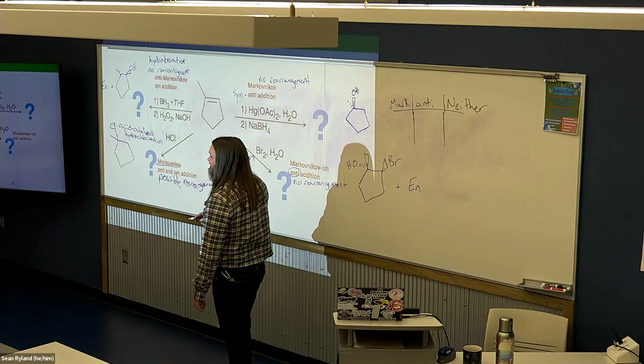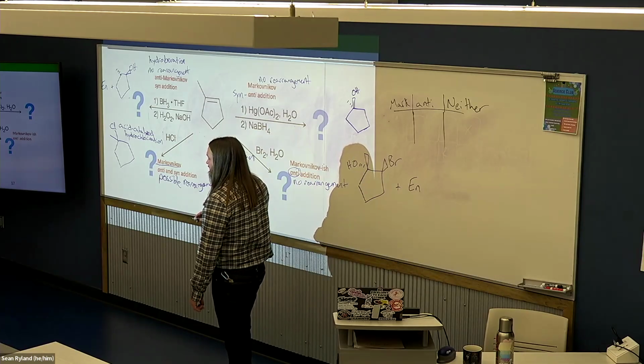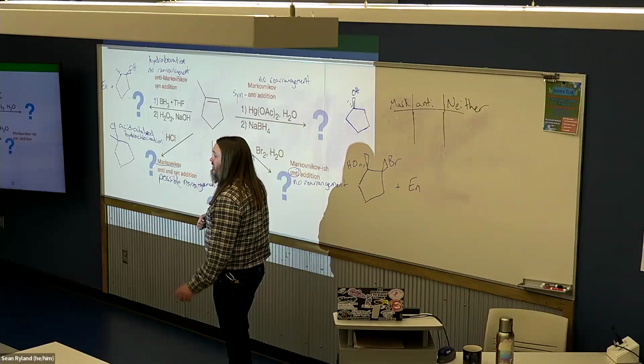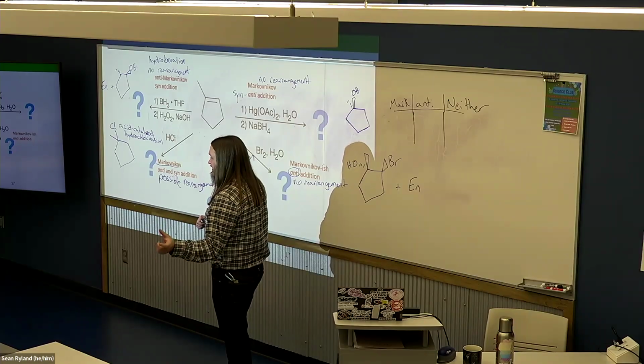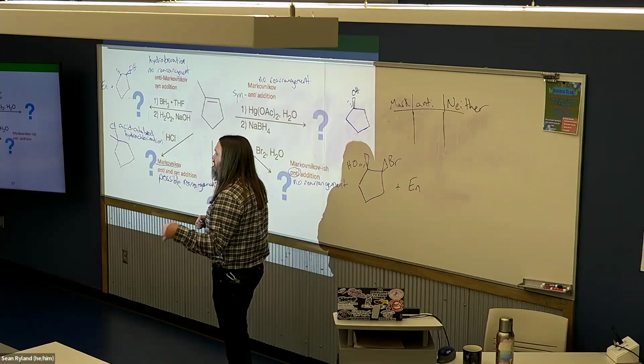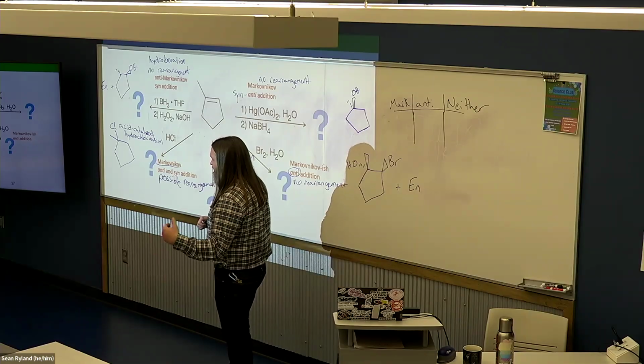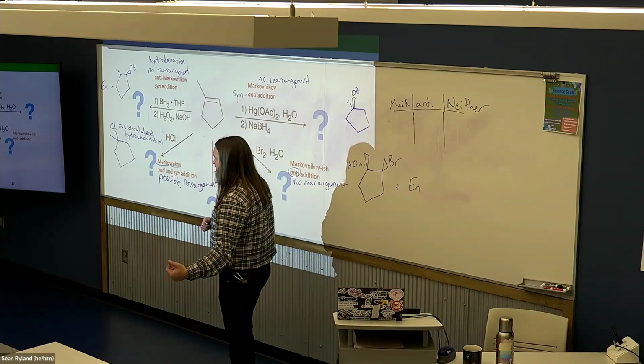Same reaction you see with partially hydrogenated soybean oil. What is that? Soybean oil is what's called polyunsaturated, meaning it's got two alkenes in that fatty acid chain. You partially hydrogenate it, so you don't get a fully saturated fat.